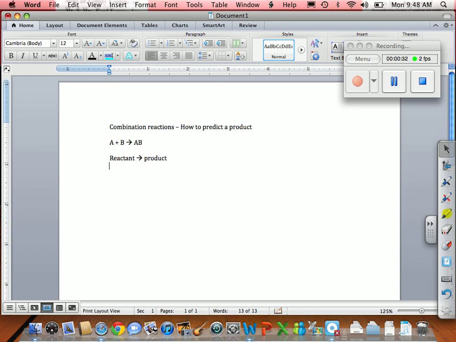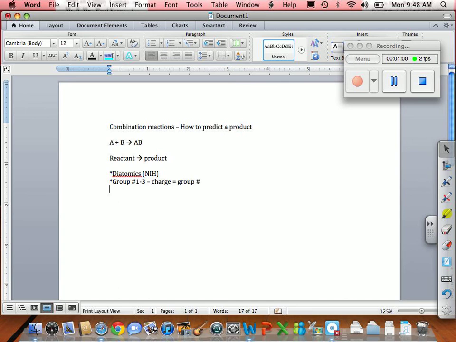Reactants are what are present at the beginning of a reaction, products are what are present at the end. And we do this by using some of the tricks that we've already known for a while, right? Like I said in class, we need to be able to recognize the diatomics using the NIH trick. We need to know that for groups 1 through 3, the charge is equal to the group number.